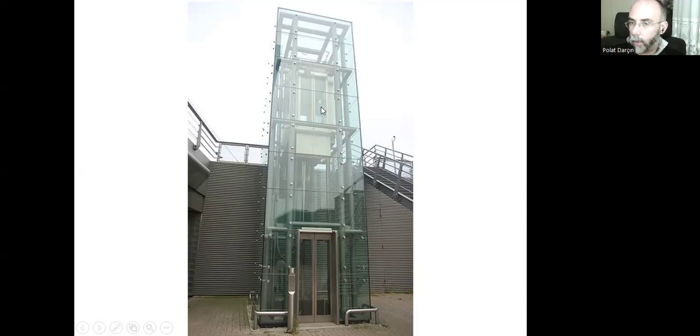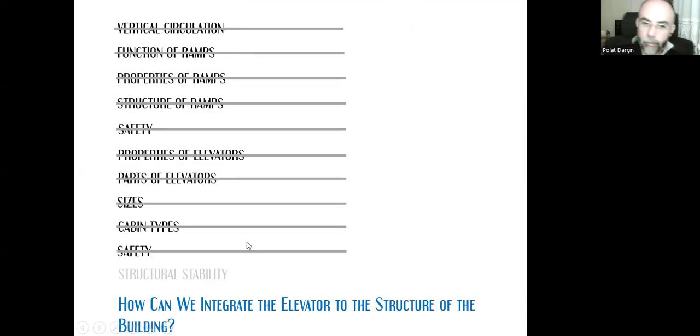We can see the doors through the glass surface. We step from this direction to the cabin, and once we are on the upper floor, these doors are closed, but there are probably another set of doors in the opposite direction. They will be opened so that we can move on towards this direction.